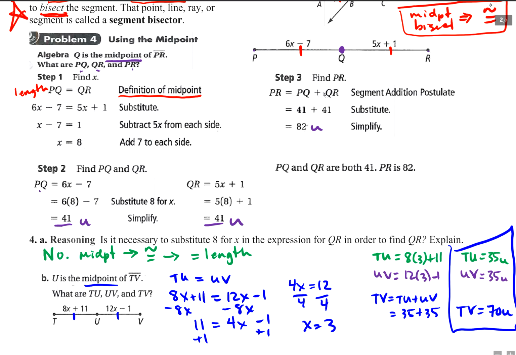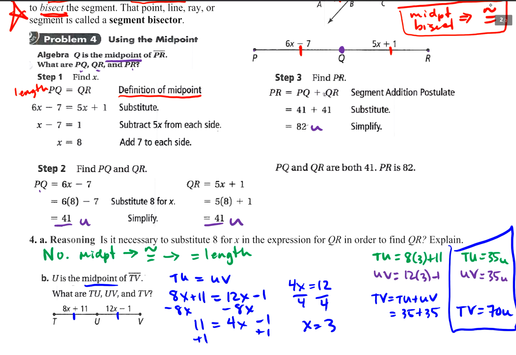By definition, we know those two pieces are congruent, and by definition of congruence, they have equal length. So definition of midpoint implies congruence. Definition of congruence implies equal length. So once we find one, we know the other one.